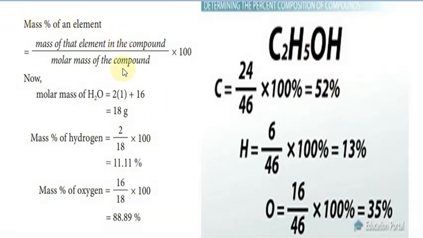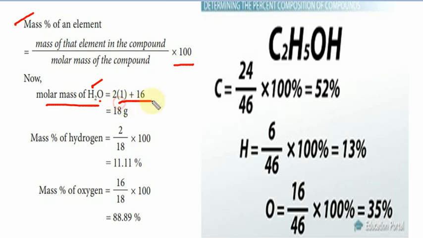As you can see here, this is the very first example, water. Mass percentage of an element is equal to the mass of the element in the compound divided by the molar mass of the compound, into 100. Now, the molar mass of water: we know that for hydrogen it is 2 and for oxygen it is 16.